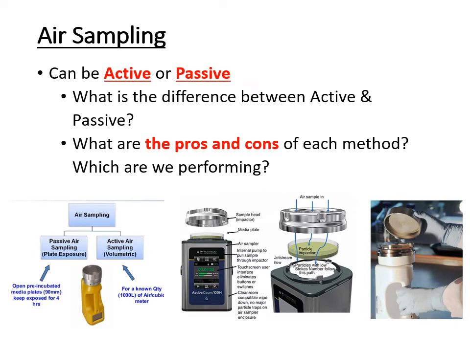Okay, so passive air sampling is good in that it is cheap, it is easy, but it's bad in that it's not going to be as accurate and it's going to take a long time. You need to leave that plate for hours before you'll actually see anything. But because it is cheap and easy, that's why the answer to which are we performing? Obviously passive. We want cheap and easy for a classroom setting with students.